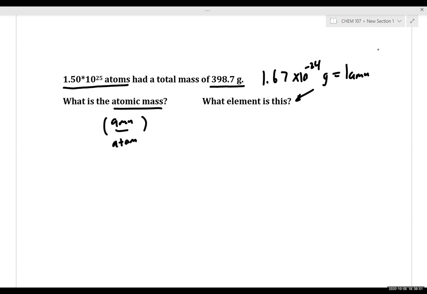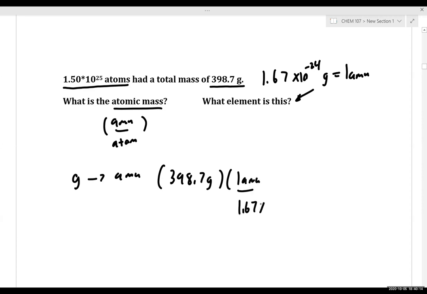Okay, so let's discuss. The first thing we need to do, if we want to calculate the atomic mass in the form AMU per atom, is convert our mass in grams to AMU. So we have 398.7 grams, and we know that in 1 AMU, there are 1.67 times 10 to the negative 24th grams.